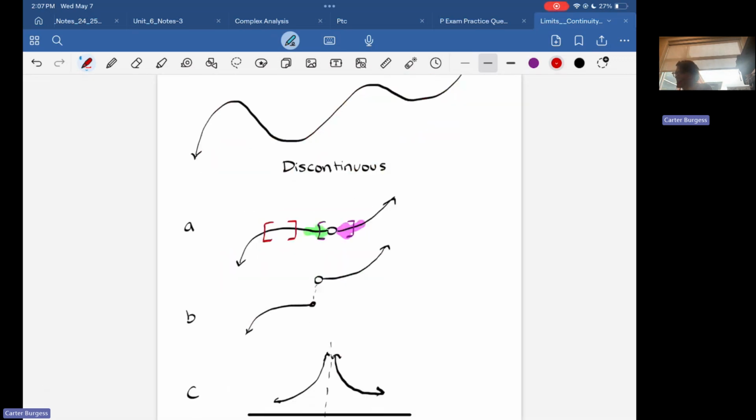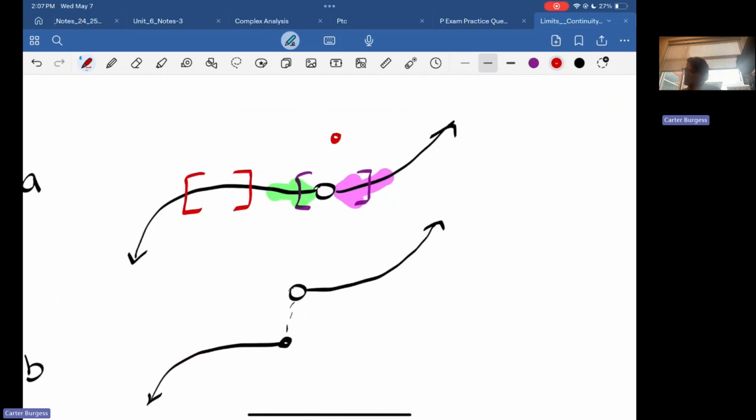A way to do that would be if I just threw in a point up here. You could maybe make the argument that this should be a jump discontinuity, but I think it's supposed to be classified as a hole. It doesn't really matter. But this idea of the limit existing and the function being argumentative means that we've got some kind of hole going on.